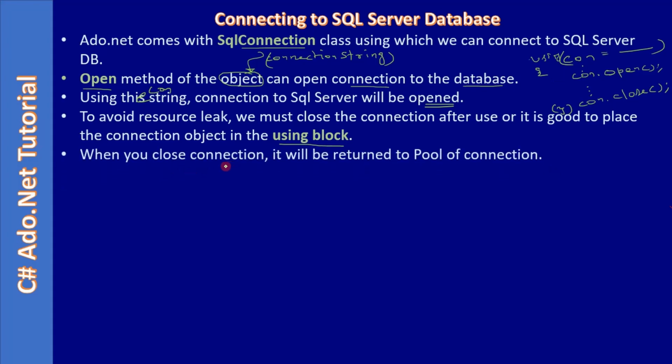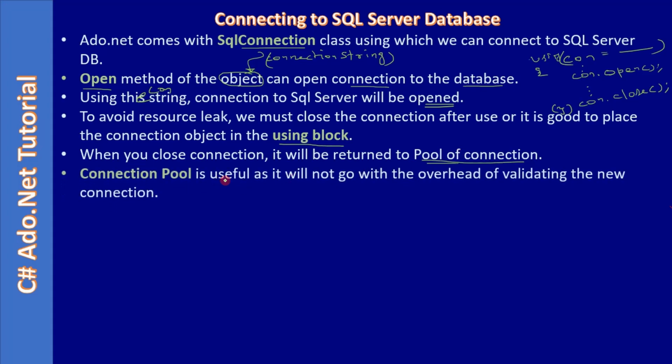When you close a connection, the connection will be returned to a pool of connections, or we can call that a connection pool. Connection pool is useful as it avoids the overhead of validating a new connection. Whenever we create a new connection and open it, the connection will be validated to make sure you have access to the database.